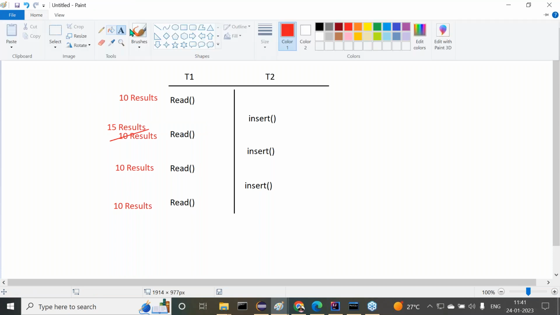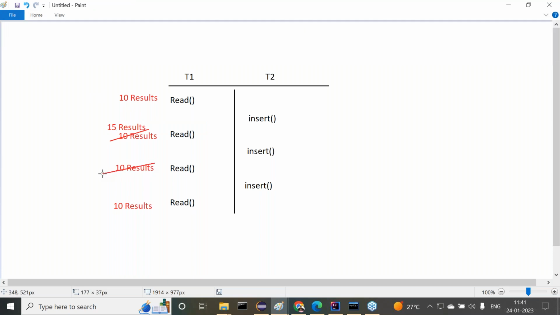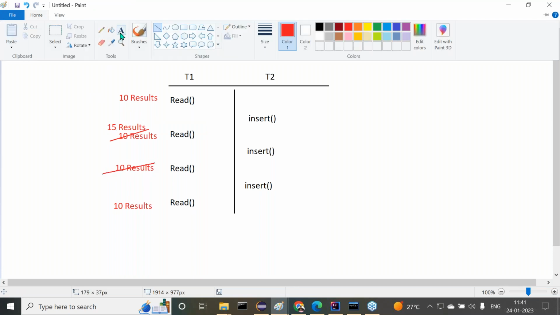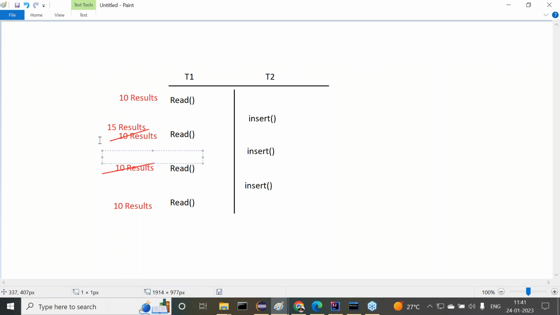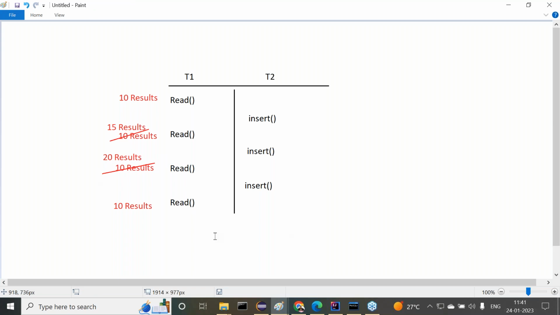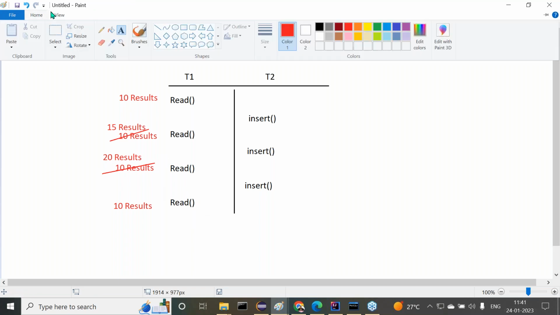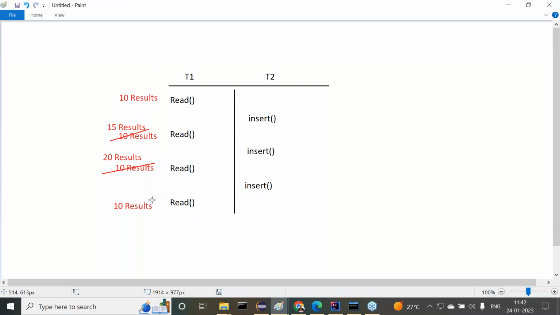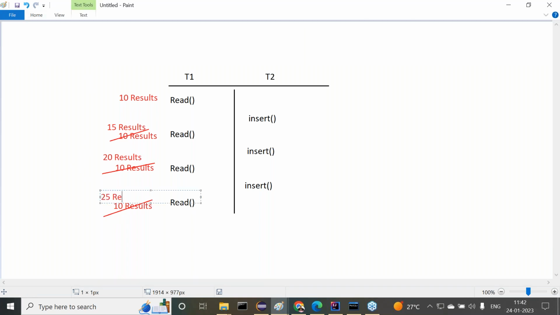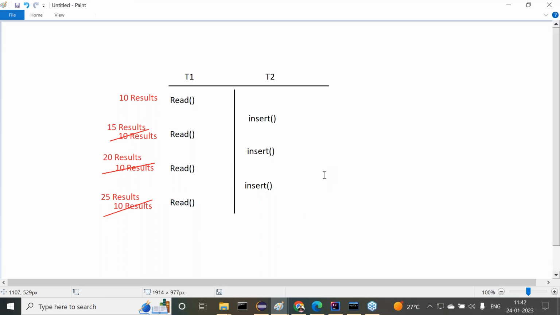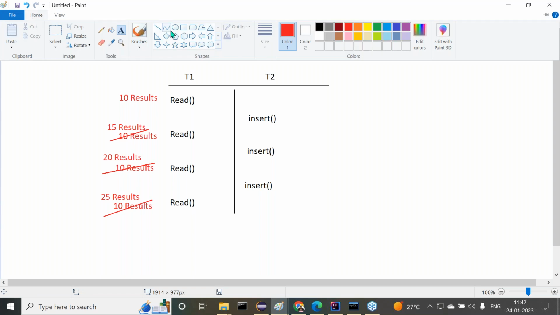Because of the next insert operation, in the next read operation it's not 50 results now, we get 20 results. Then in the next read operation we get 25 results. Observe carefully, the number of results has increased.